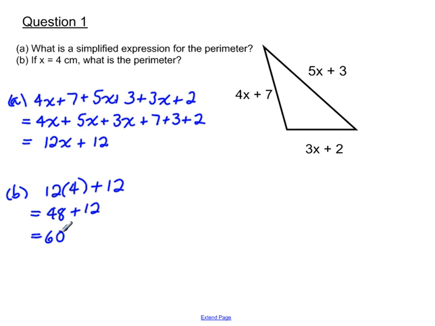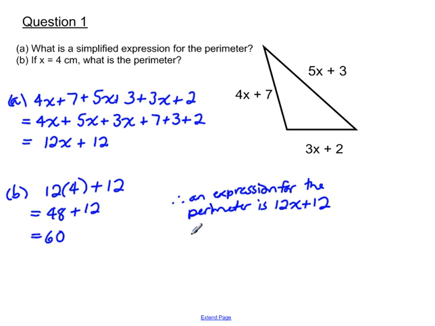Questions always come up with these about whether you should do a sentence answer or not, and I usually do. At bare minimum, you should do a sentence answer for at least B. You can also do one for A, so I might say, therefore, an expression for the perimeter is 12x plus 12, and the perimeter is 60 centimeters.